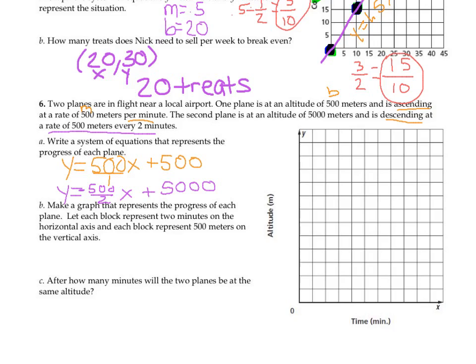Part B asks us to make a graph that represents the progress of each plane. And it tells us to let each block represent 2 minutes on the horizontal axis and each block represent 500 meters on the vertical axis. So we're going to have to label our two axes.